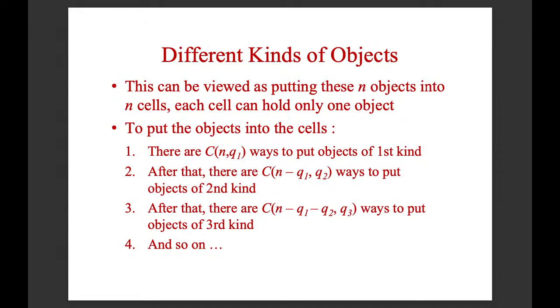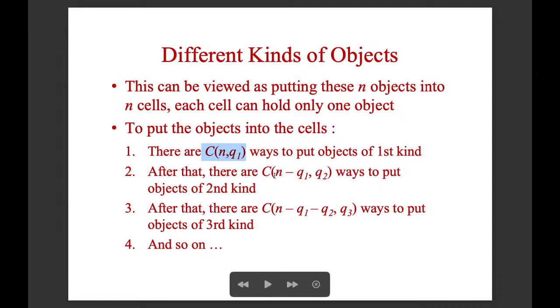Now, to get a particular permutation, we need to select which boxes among these n boxes should hold the first type item. And after that, for the remaining boxes, which ones will hold the second type, and so on and so forth. This is very easy. There are n choose Q1 ways to select the boxes for the first type objects.